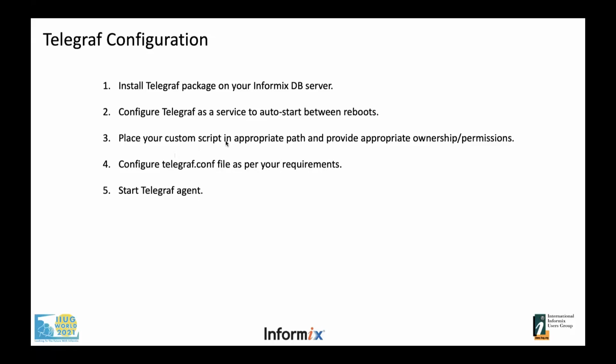The final step is to start this agent. Once started, it will take the telegraf.conf file as input, and based on the configuration, it will start to send the metrics to your time series database.